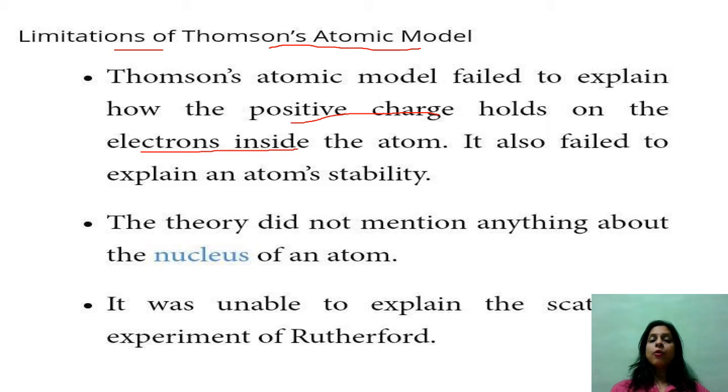So how the positive charge holds the electrons inside the atom was not explained in the Thomson atomic model, and that's why Thomson was unable to explain the atom's stability. एटम की स्टेबिलिटी को थॉमसन एक्सप्लेन नहीं कर पाए.